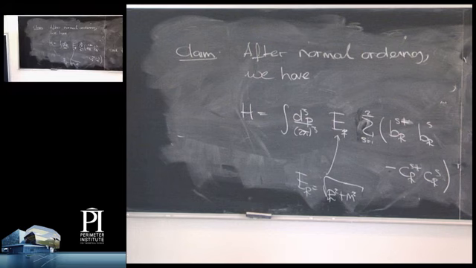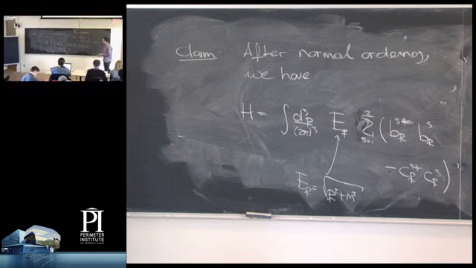That sounds stupid, but why is that a problem? This is a problem for the following reason. This theory doesn't make any sense because it has no stable ground state. You define a vacuum which is annihilated by B and C, but then if you act on it with C dagger, you're going to find a state with lower energy. And you can keep going and keep going.